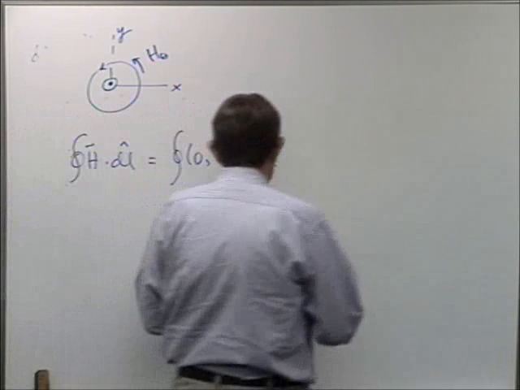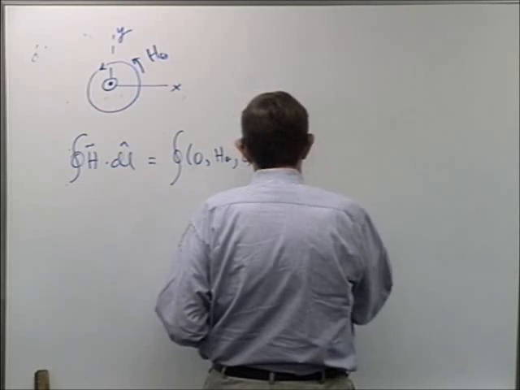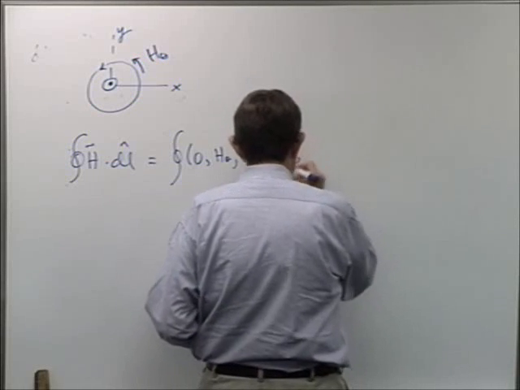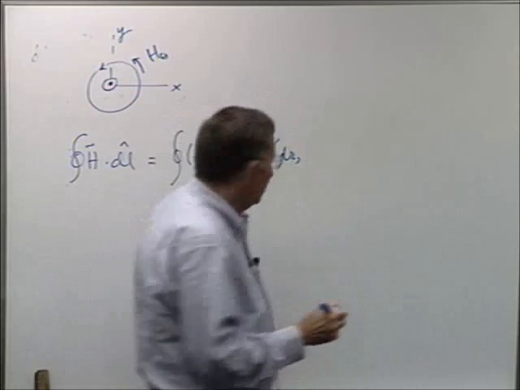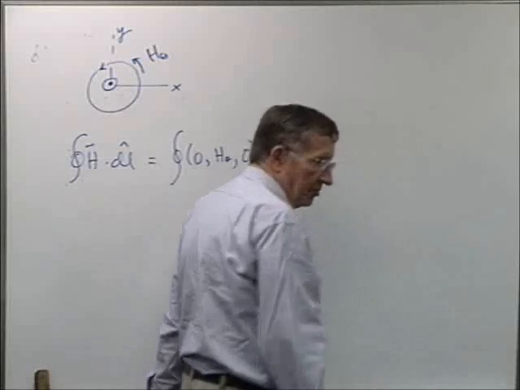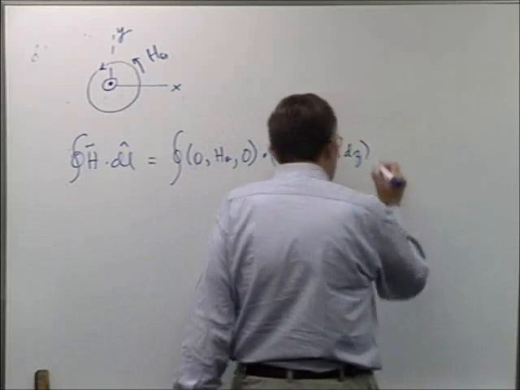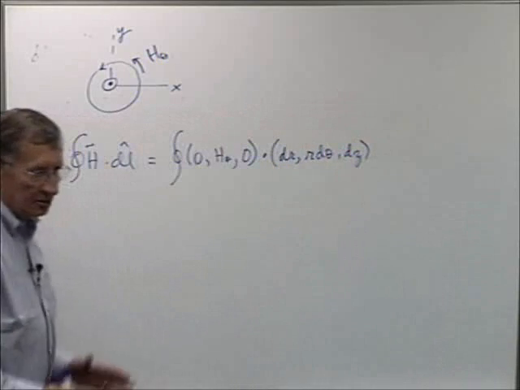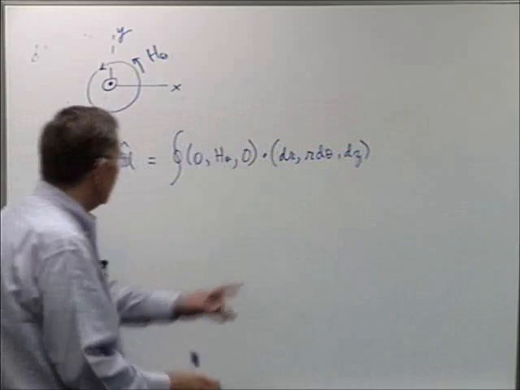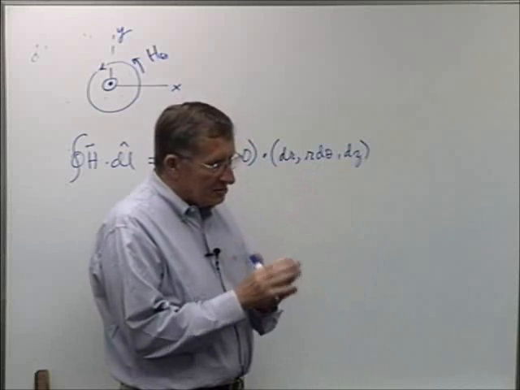So in the cylindrical coordinate system, it's dr for the first coordinate. Okay, it's r d theta for the theta coordinate, and it's dz for the z coordinate. So it's elemental lengths. It's not just d theta, because an angle does not make a distance.